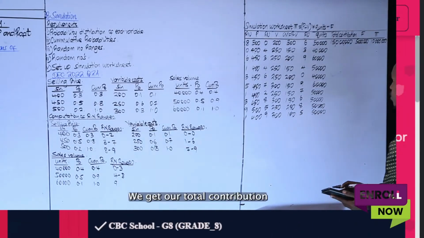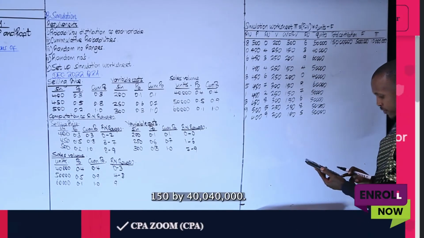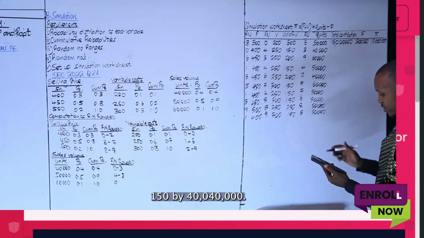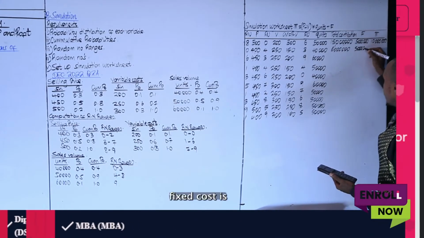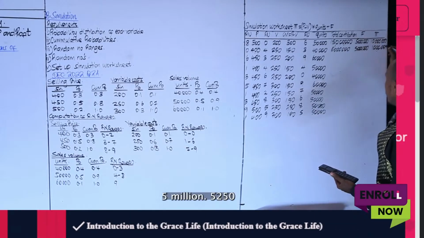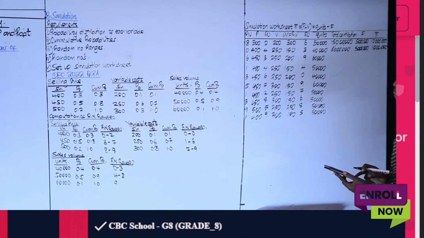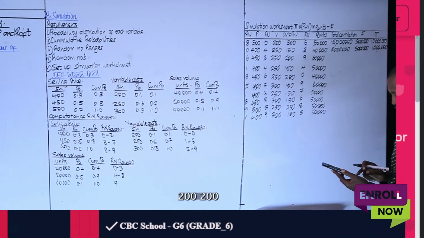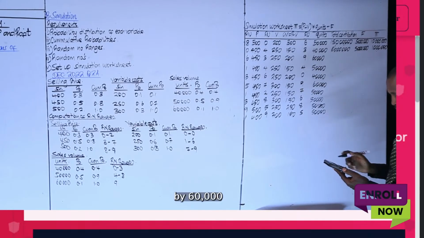Then what do we do now? We get our total contribution. 150 by 40,000 is 6 million. Your fixed cost is 5 million. Then 200 by 60,000 is 12 million.